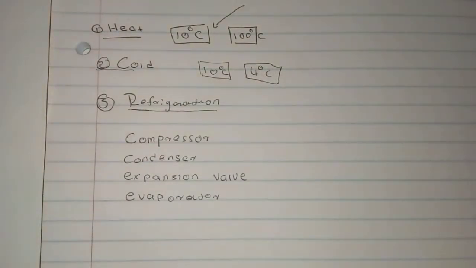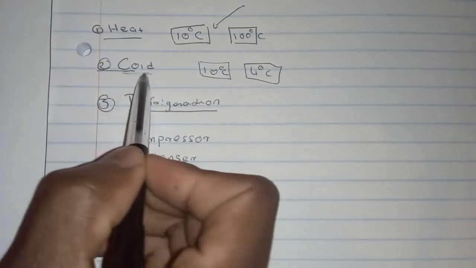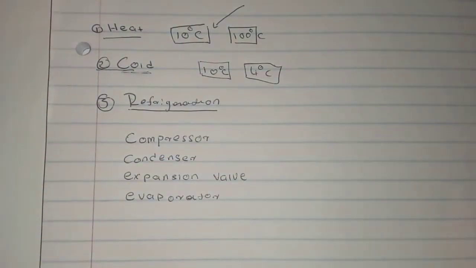You are constantly removing what? The heat energy from that object. And as you remove the heat energy from that object, the object will become what? Cold. Because we know cold is the relative term referring to the lack of heat energy in an object.